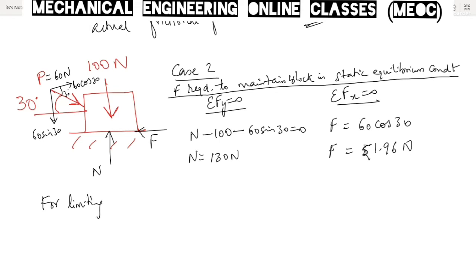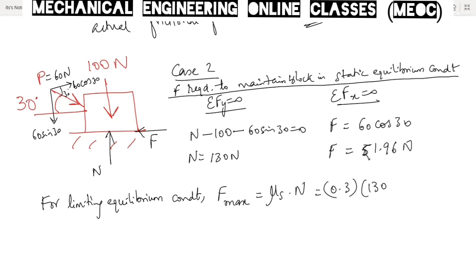So for the limiting equilibrium condition, we have to find F max. F max can be found as mu s into N. Mu s is given as 0.3 and N we obtained as 130.